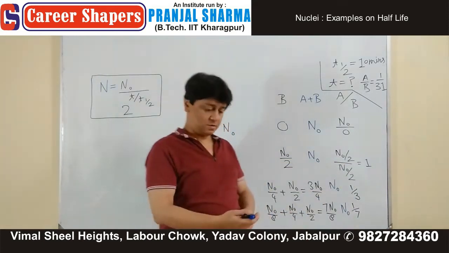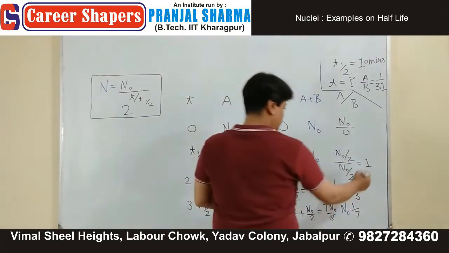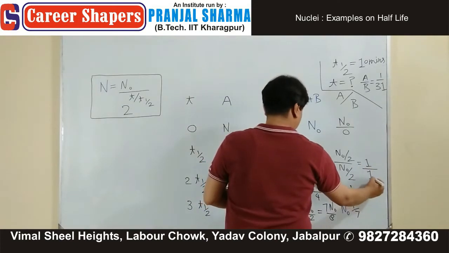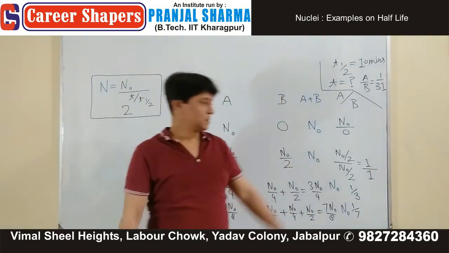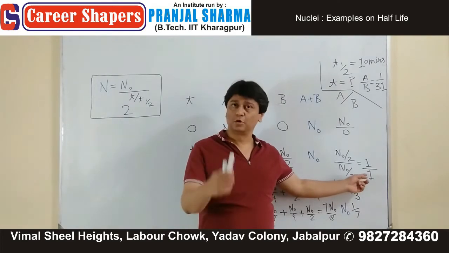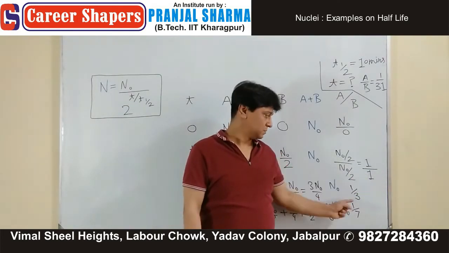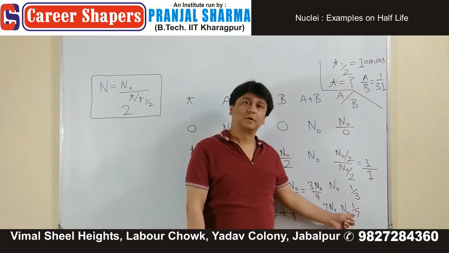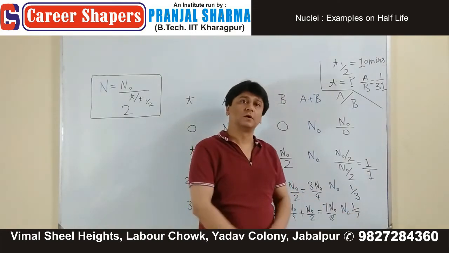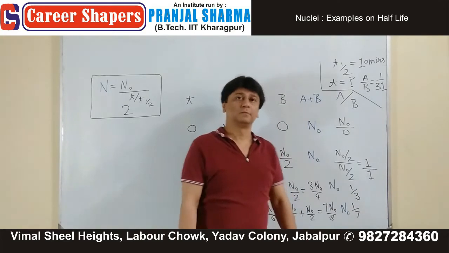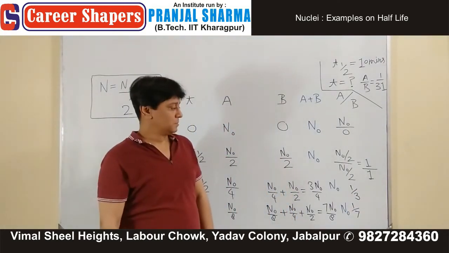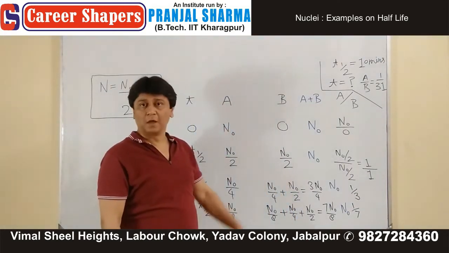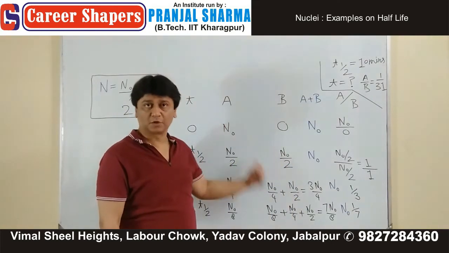What is 1? 1 is 2 minus 1. 4 minus 1. 8 minus 1. This is the hint. And with the help of this hint, try to answer the question.